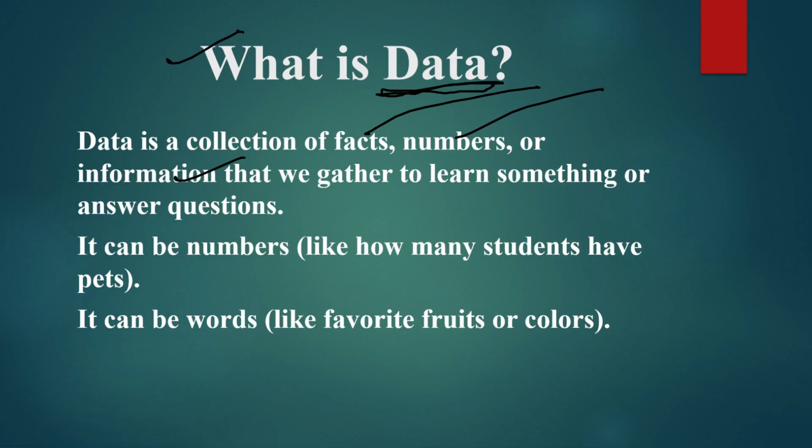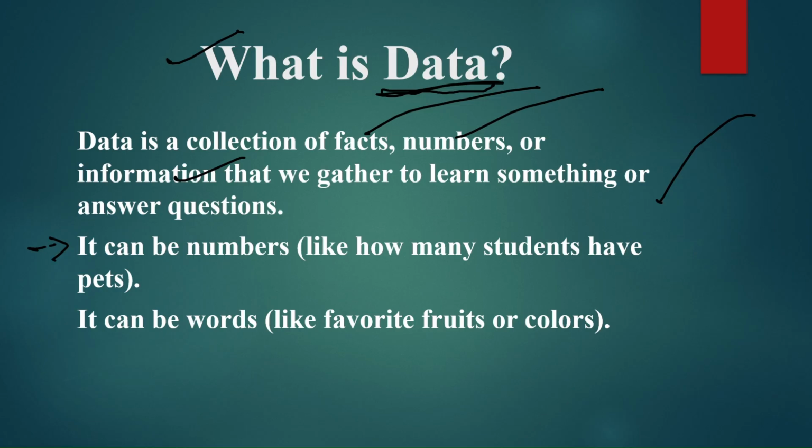For example, I will show you this question about this. Okay. Then it's saying it can be numbers, like how many students have pets. It can be words, like favorite fruits or colors.